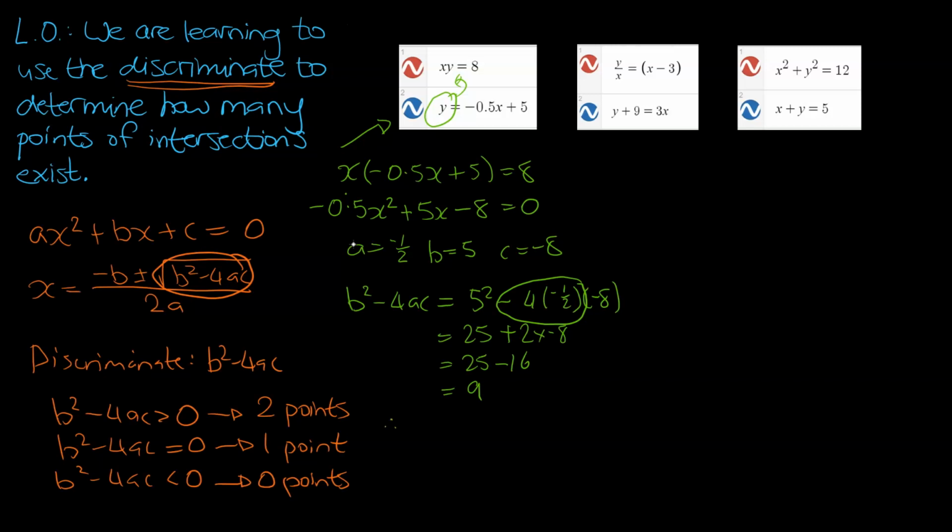So therefore, b squared minus 4ac is greater than 0, which suggests we have 2 points of intersection.